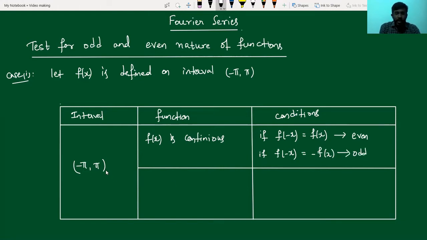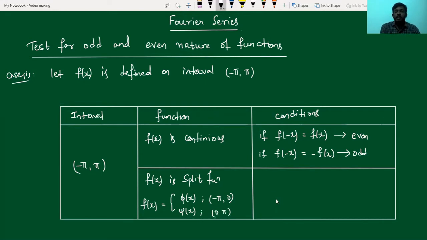Suppose in the interval minus pi to pi, the given function is a split function. That is, f of x is defined in the form of phi of x in the interval minus pi to 0, and it takes the value psi of x in the interval 0 to pi.